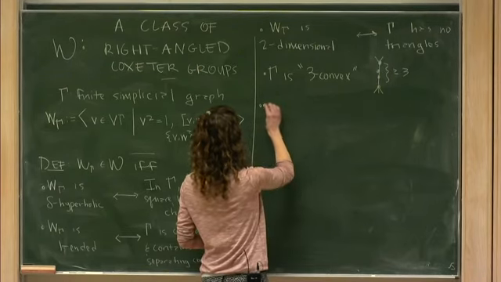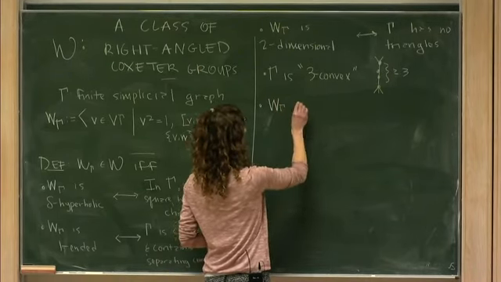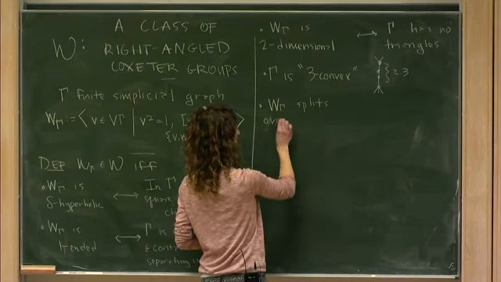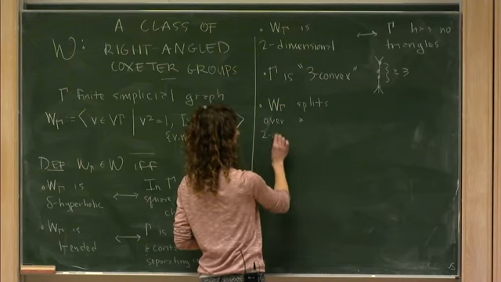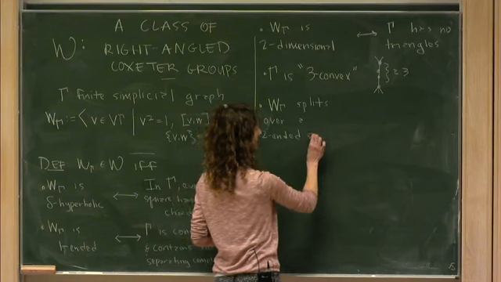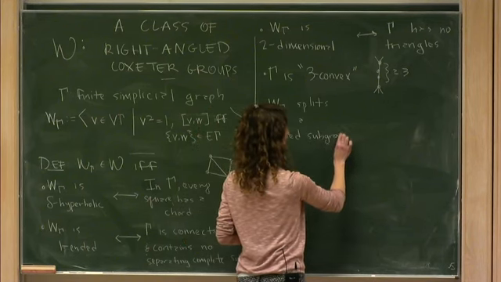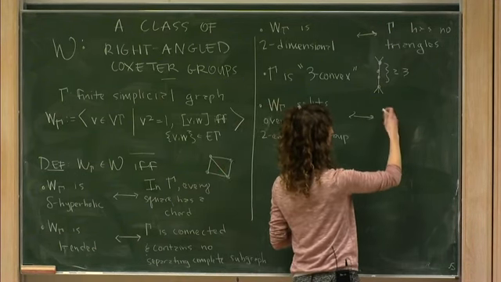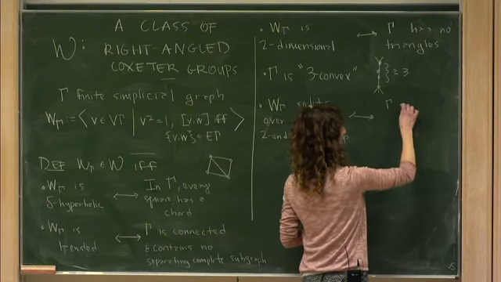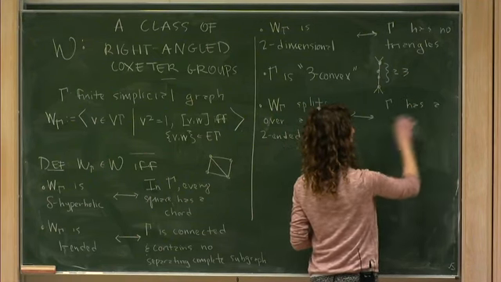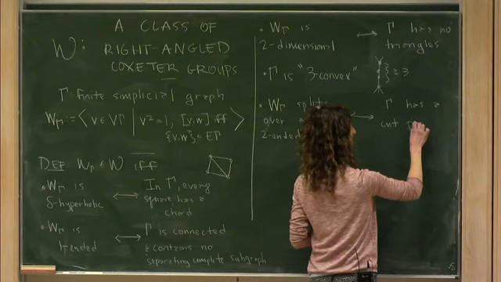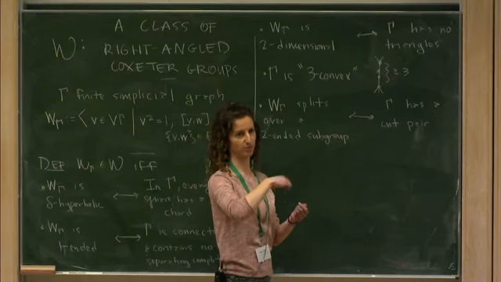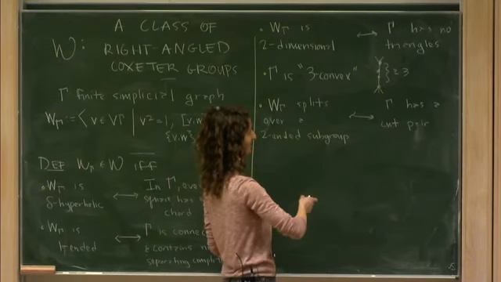For example, we also assume our group splits over a two-ended subgroup, and under the above assumptions, it was shown by Mihalik and Tran that this is equivalent to the fact that the graph gamma has a pair of vertices which separate the graph into at least 2 components which contain at least 2 vertices each.